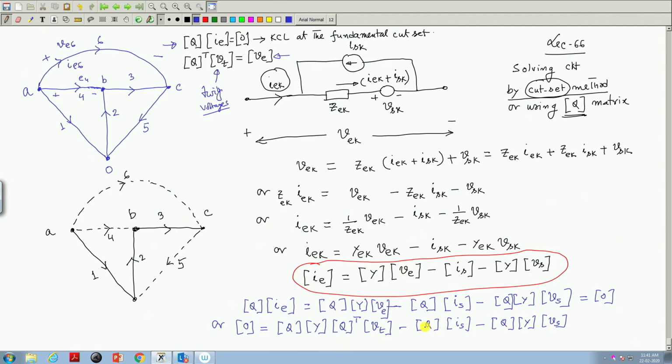So, this is the thing. So, this equation is the central equation to find out the currents in the circuit. So, this you copy and paste it in the next page.